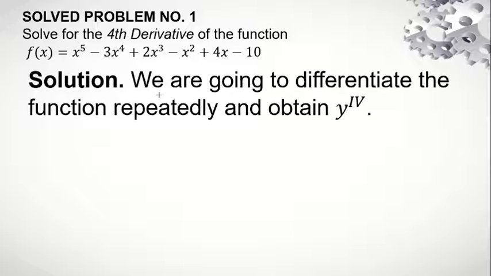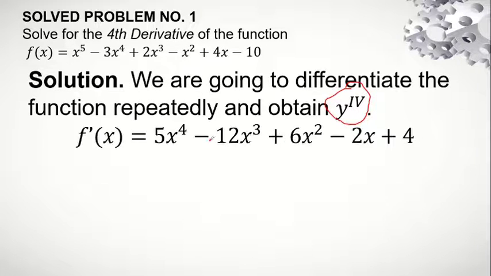We are going to differentiate the function repeatedly to obtain the fourth derivative. To find the fourth derivative of a function. So, this is the first derivative. So, how do we get this?